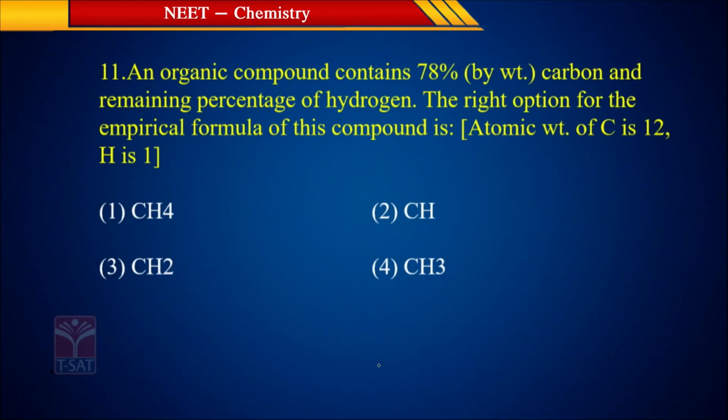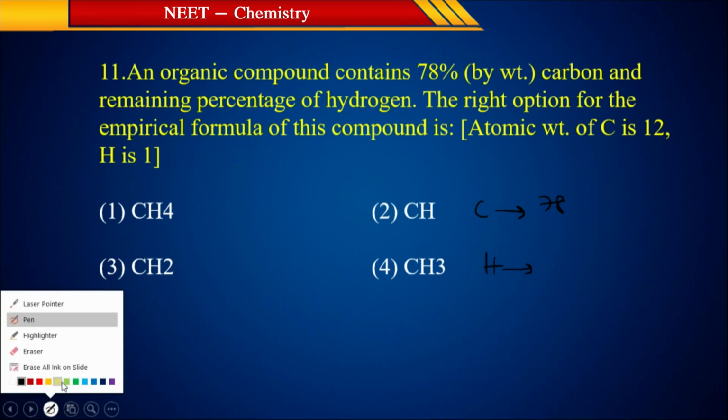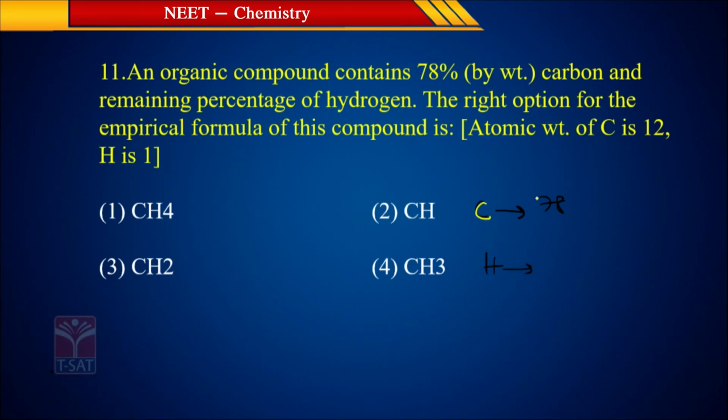Okay, next, 11th question. An organic compound has carbon 78%, and hydrogen, how much is it given? The remaining percentage is hydrogen, so hydrogen will be 22, right?